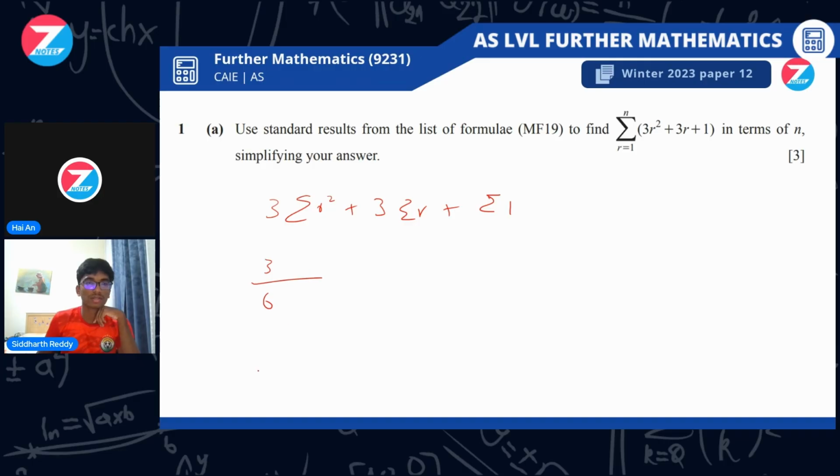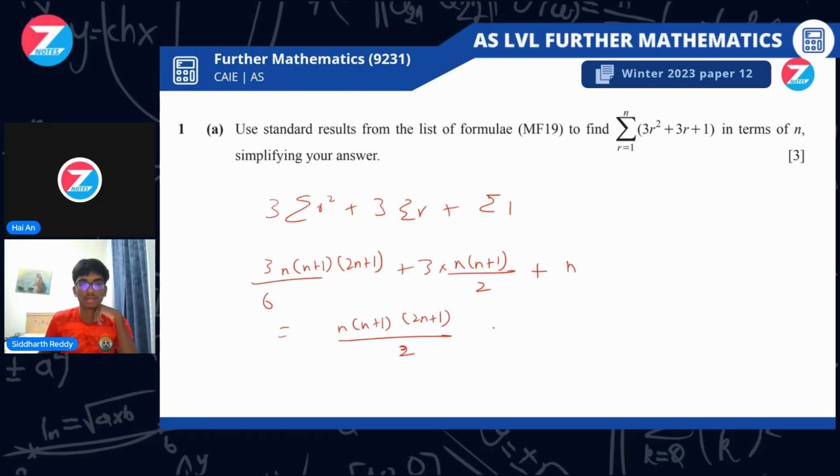So this will be 3 by 6 into n plus 1 into 2n plus 1, plus 3 into n plus 1 by 2, plus n. So this is just going to be n into n plus 1 into 2n plus 1 by 2, plus 3n into n plus 1 by 2.